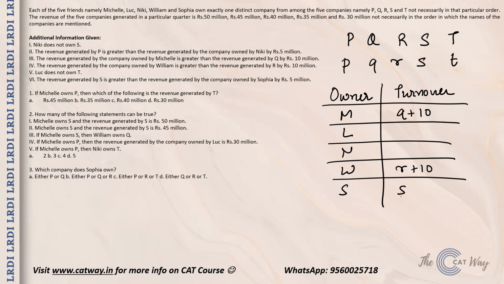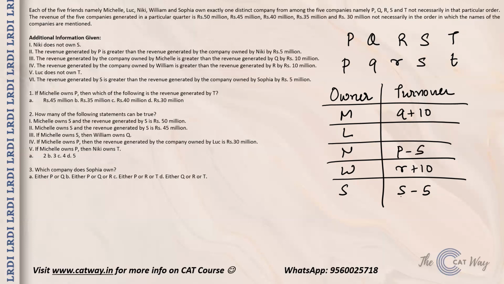So her turnover will be S minus 5. And one more line is given: the revenue generated by P is greater than the revenue generated by the company owned by Nikki by 5 million. So Nikki's turnover is P minus 5. Okay, so this is what we have.